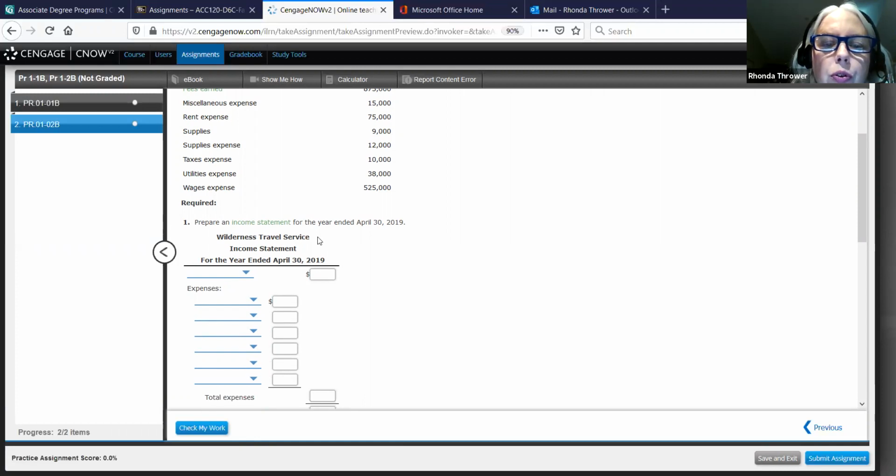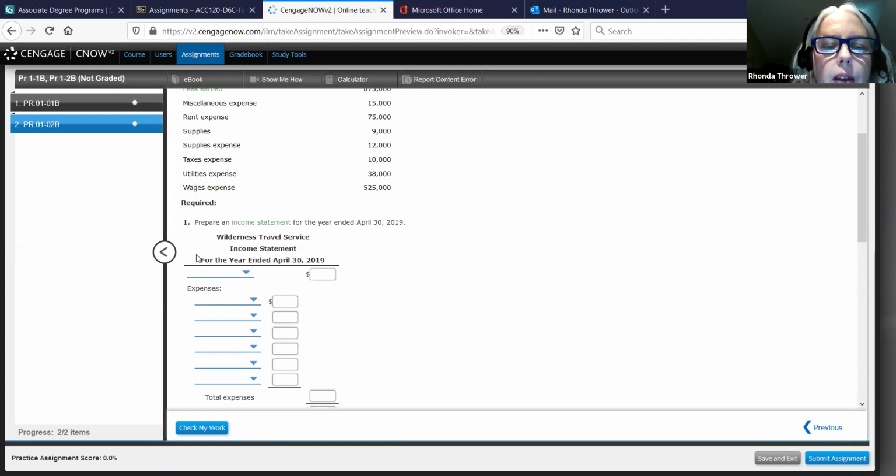And one of the first things that you will do when you're preparing an income statement, start with the heading. Notice the heading is the name of the company. It's got the name of the statement that you're preparing. In this case, we're preparing the income statement. And then it's got for the year ended April 30th, 2019.